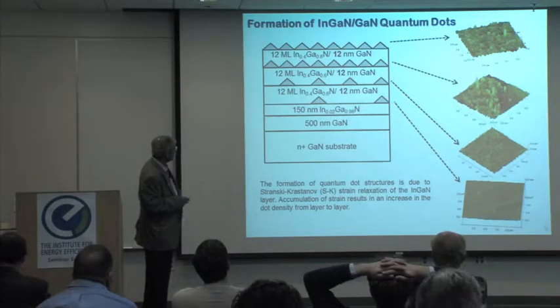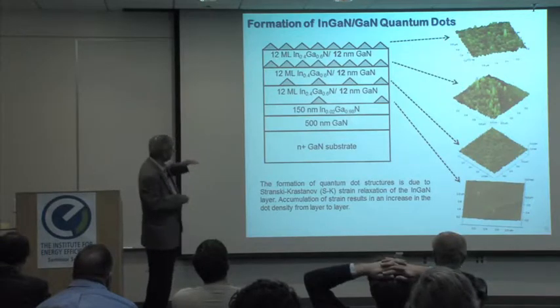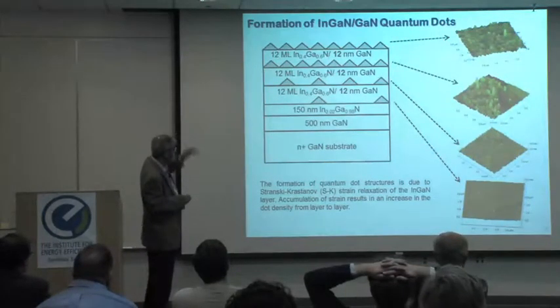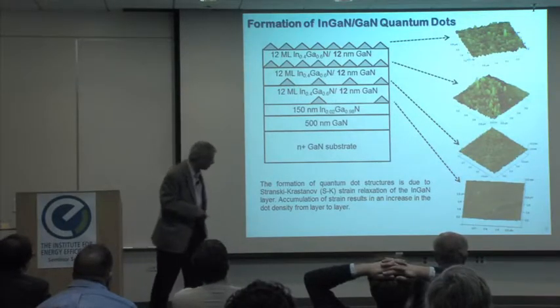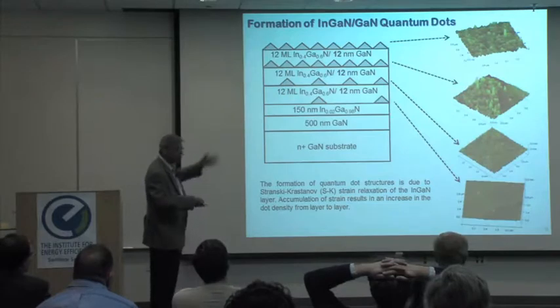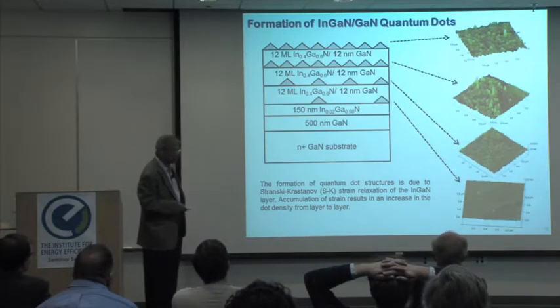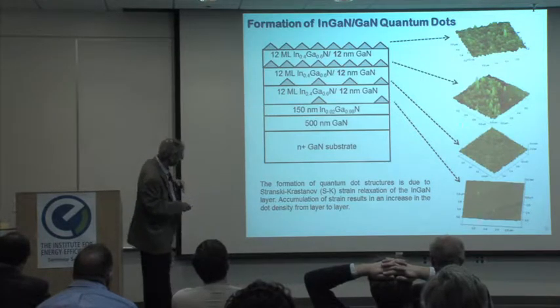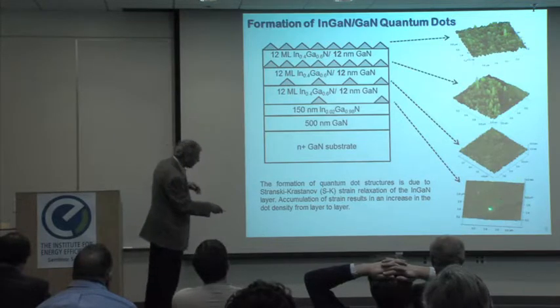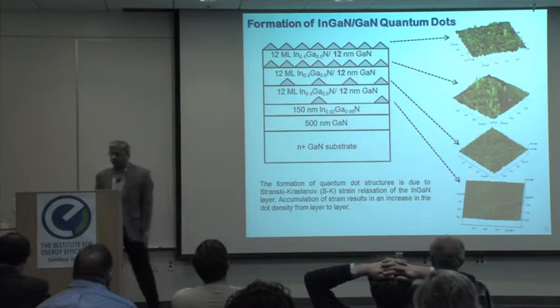When we were growing multiple layers of dots, we would stop the growth after the first layer, or after 2 layers or 3 layers, and so on, and we found that the first layer of dots was very sparse, like 10 to the power 7 dots per centimeter square, and after that the density quickly increased and stabilized after about 3 dot layers. Now, this first layer actually turned out to be very useful for us.